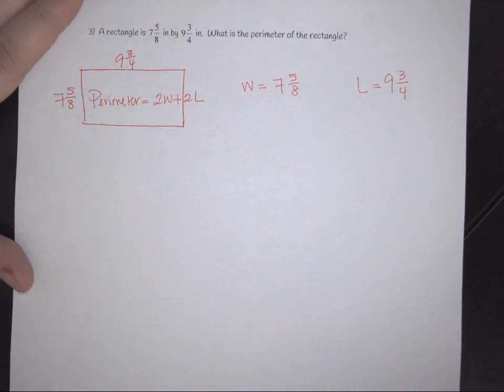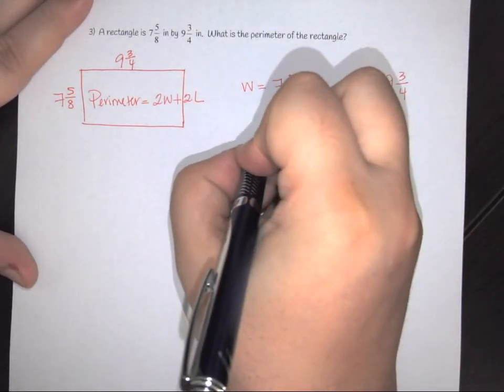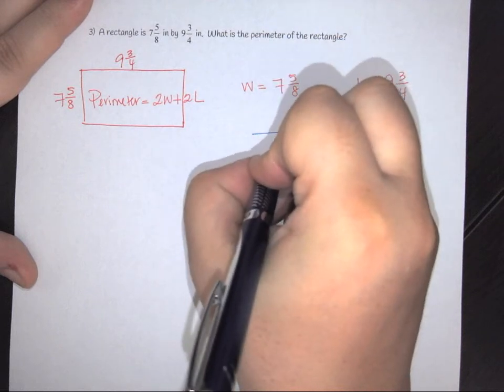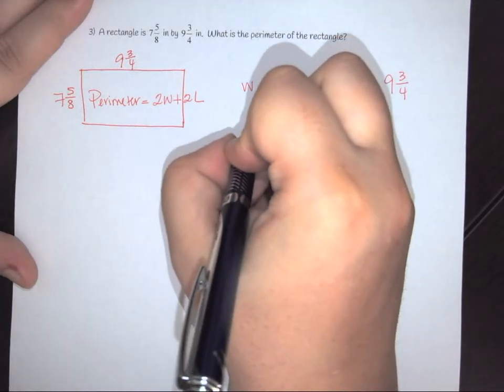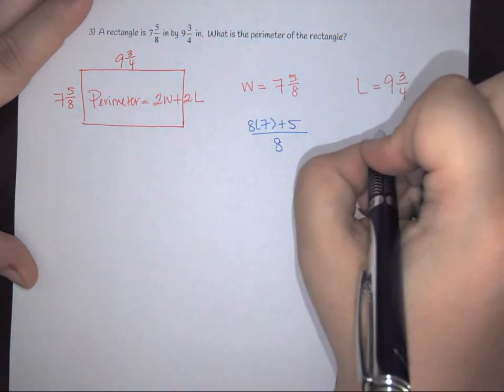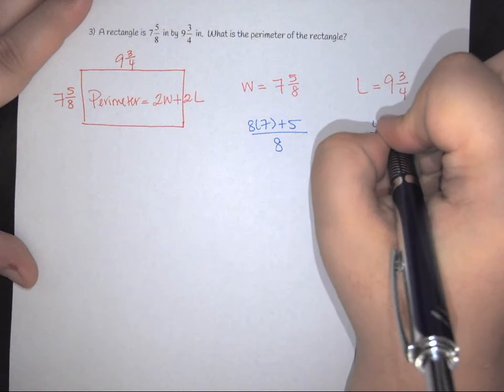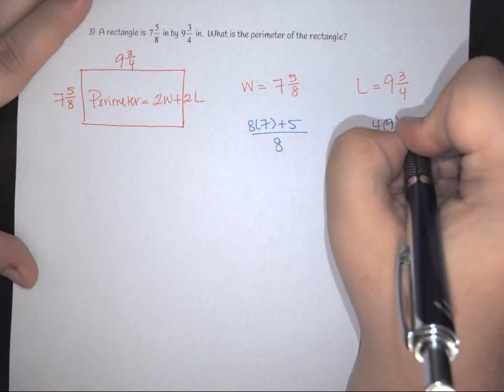Well, with each of these, I have to convert them over into their improper fractions. So for my width, I'm going to have 8 on the bottom. This is going to be 8 times 7 plus 5. And my length is still going to have a 4 on the bottom. So 4 times 9 plus 3.